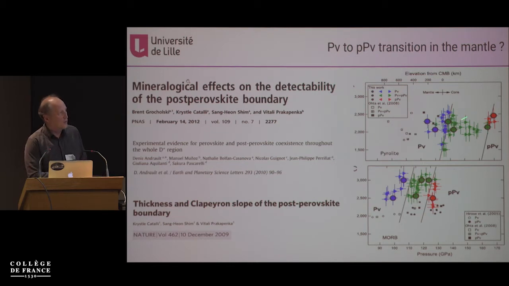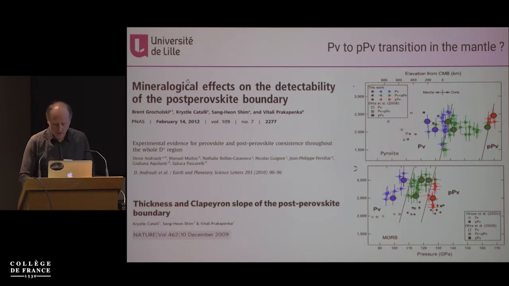On top of that, the coexistence layer between bridgmanite and post-perovskite can be quite thick, like 100 kilometers for MORB or more for pyrolytic composition. So maybe that's why you don't see it so well.